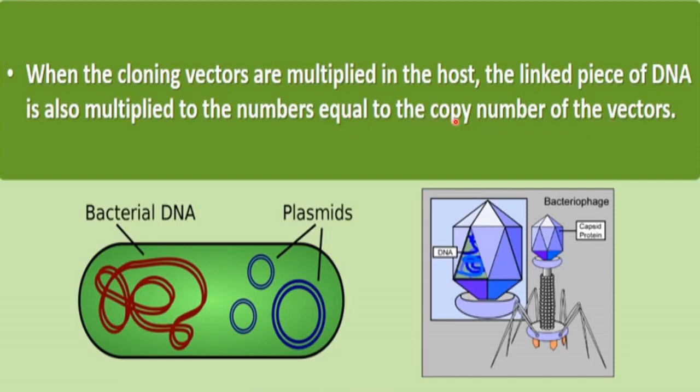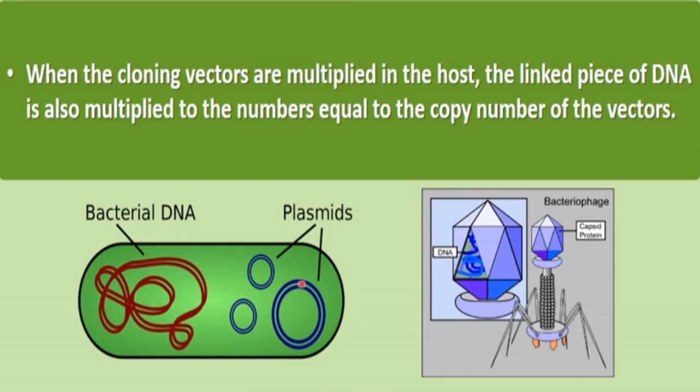If the copy number of the vector is larger, then the number of copies of our gene of interest will also be larger, right?